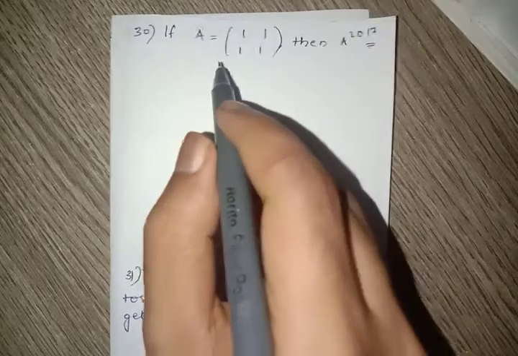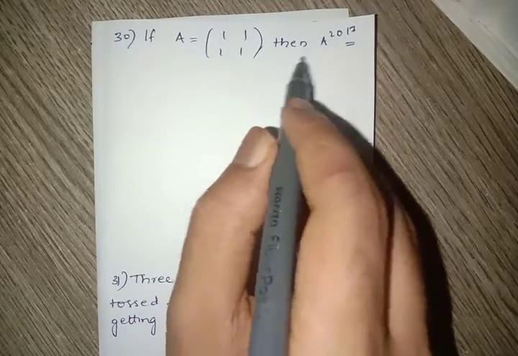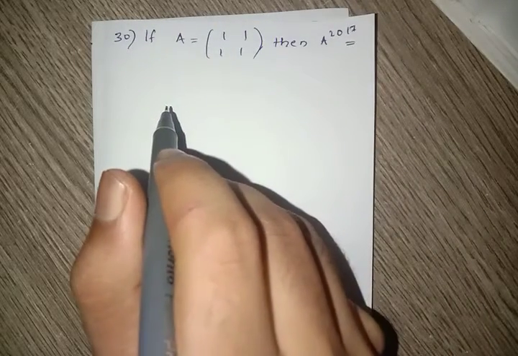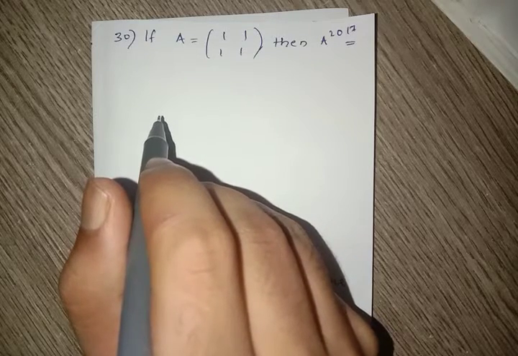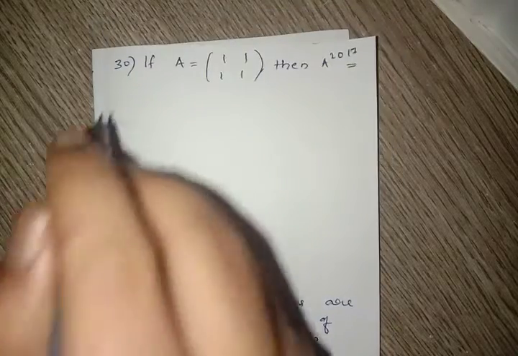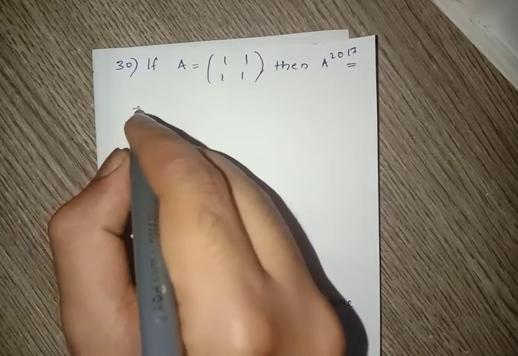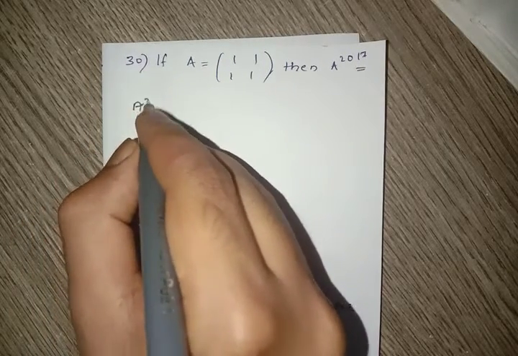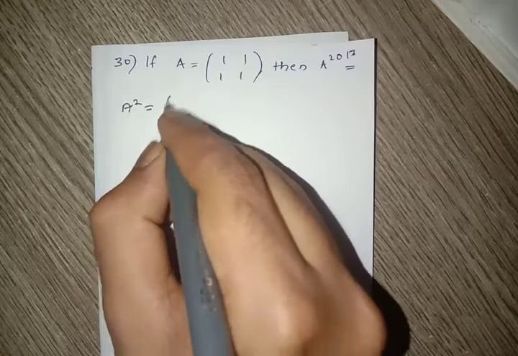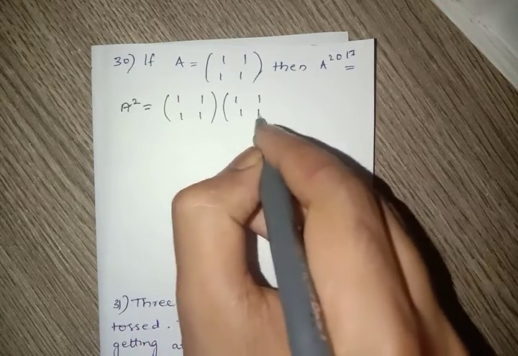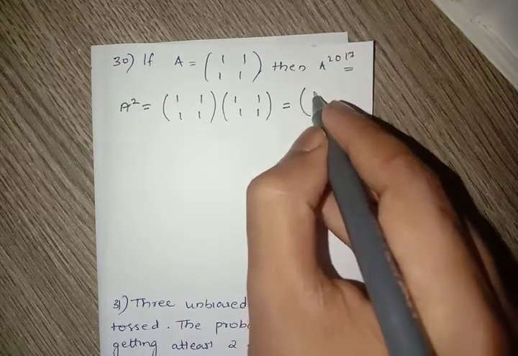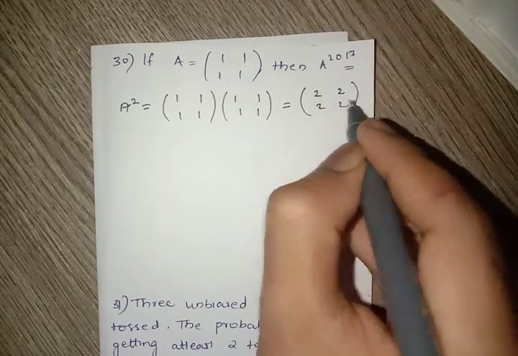If A is equal to [1 1; 1 1], then A raised to 2017 is equal to. So this is a good question. First let us find what will be A squared. A squared will be equal to [1 1; 1 1] into [1 1; 1 1]. This is equal to [2 2; 2 2].